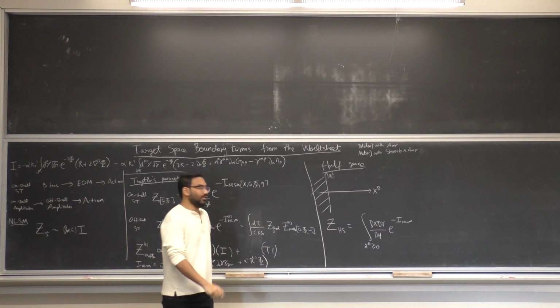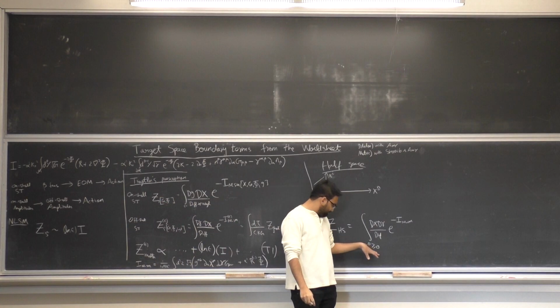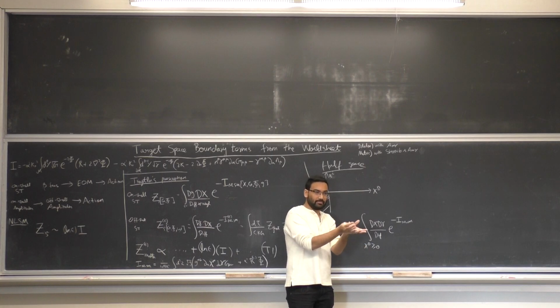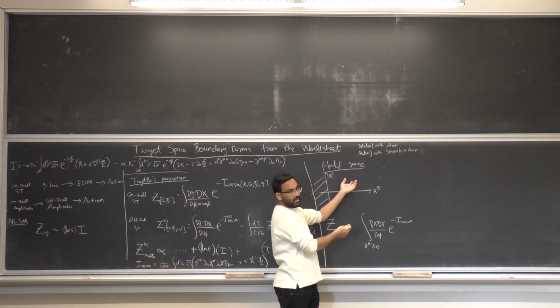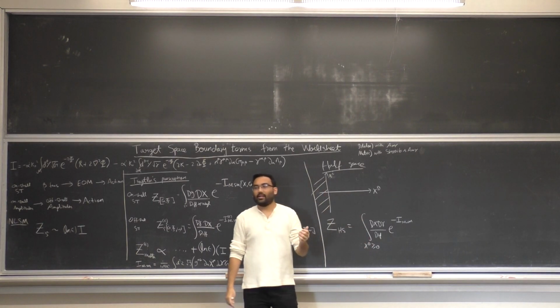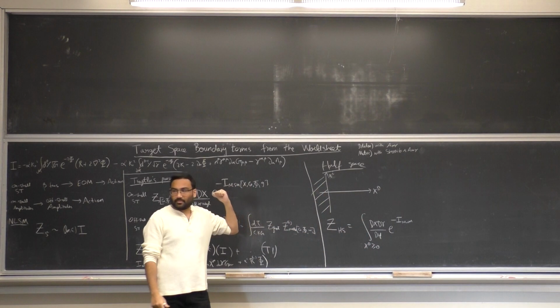So what would this do? I'm only doing a path integral over the embeddings of the sphere in target space-time such that the embeddings are only on the right side of this wall. It cannot cross the wall.